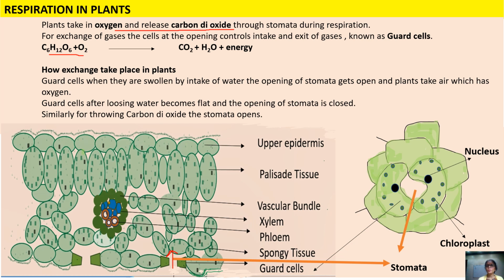This opening is controlled by the guard cells. The guard cells are kidney-shaped cells around the opening of stomata. When the water is filled in these guard cells, then they are swollen and this opening of stomata opens so that the gases can get into the cell or can come out of the plant cell.